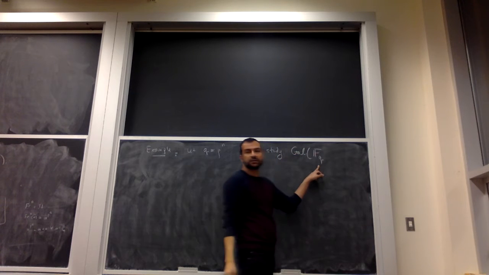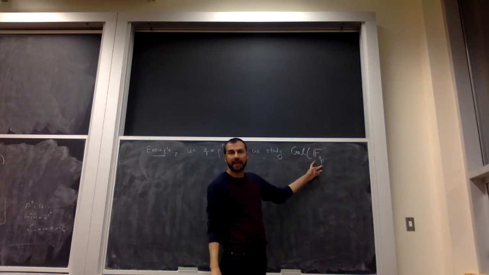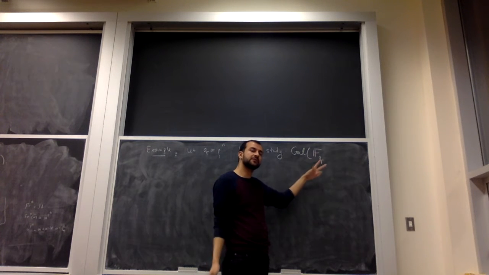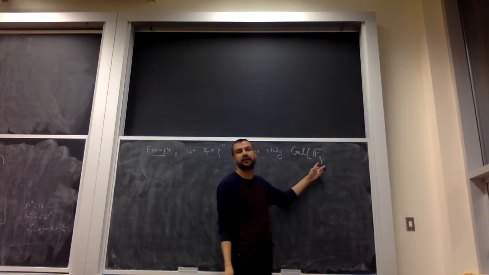So remember what this notation means. This is a field with Q elements. In what we're going to do, it doesn't matter which field with Q elements you actually take.